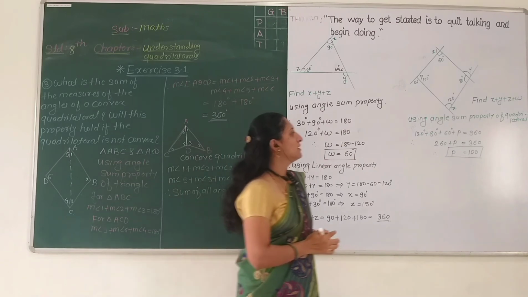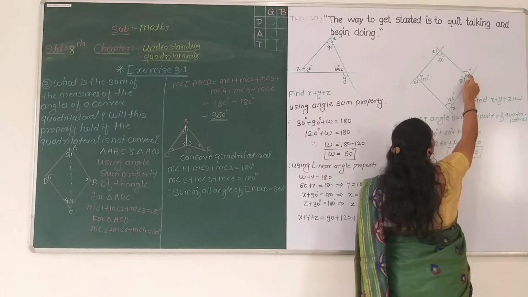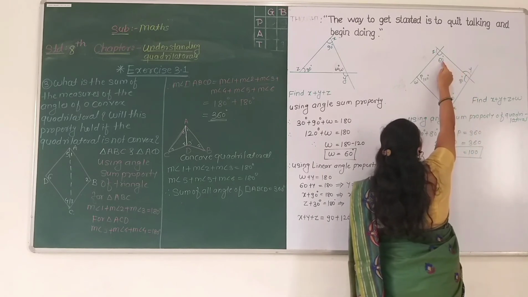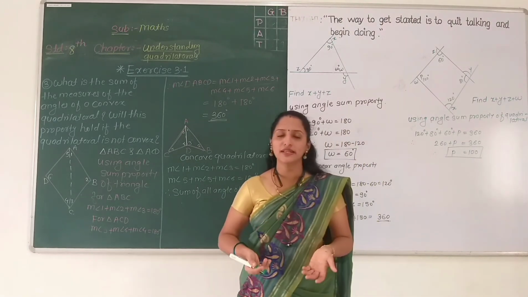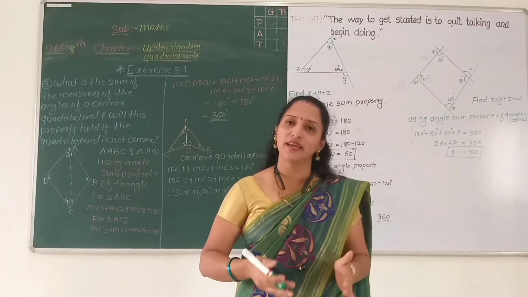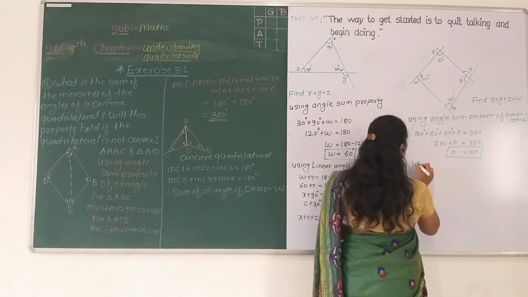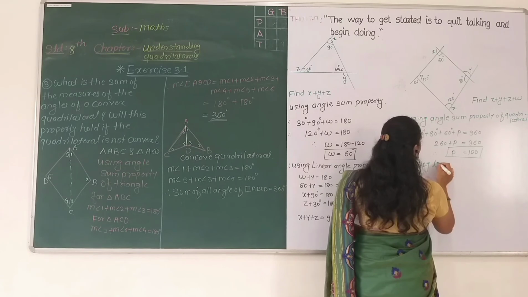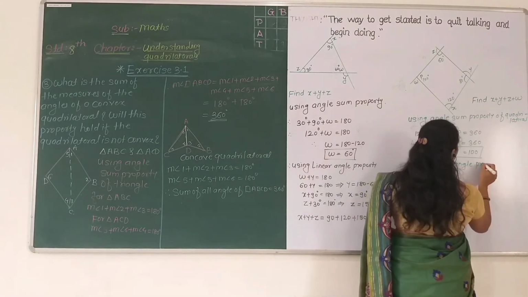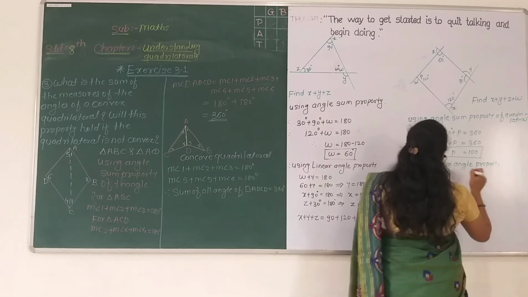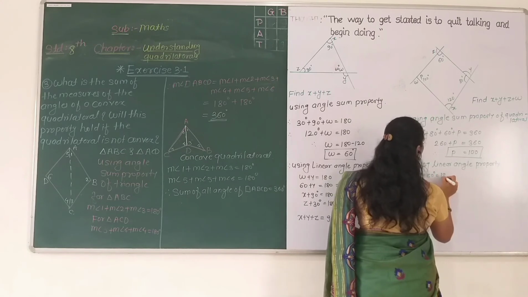Now look at here. Everywhere these two angles are linear. These two angles are linear. Z and this 60 degrees are linear. W and p both are linear. And what is the linear angle property? The sum of the angles is 180 degrees. So using linear angle property, we can easily say that z plus 60 degrees is equal to 180.